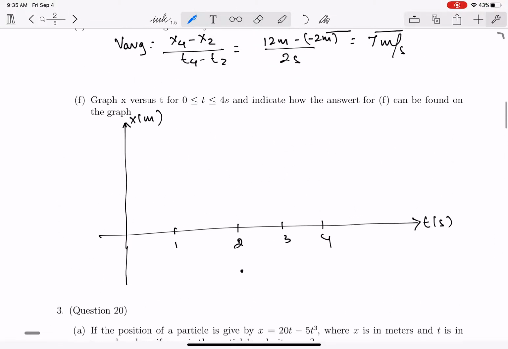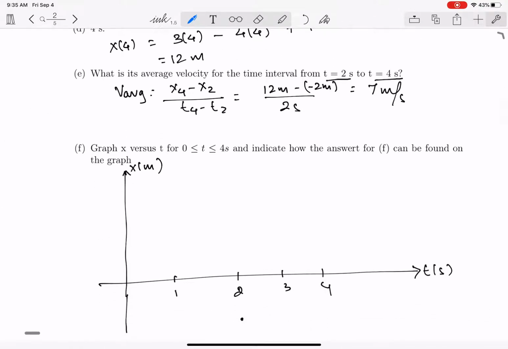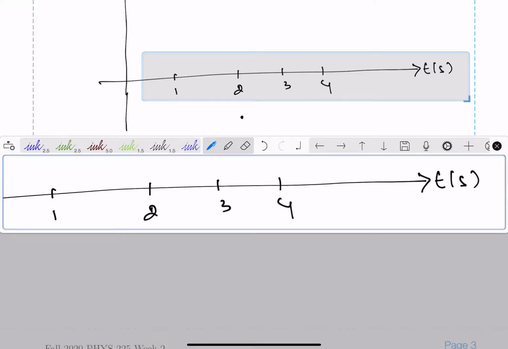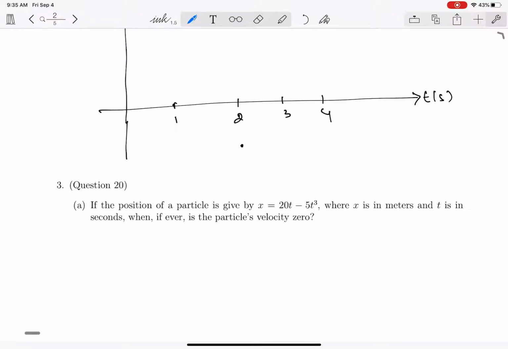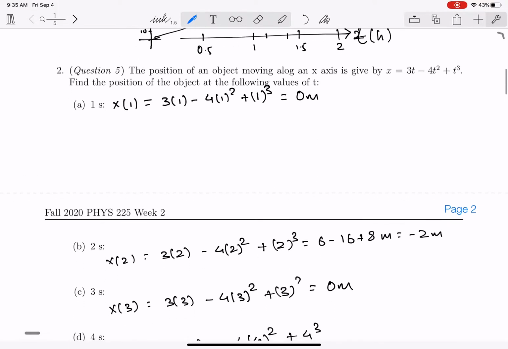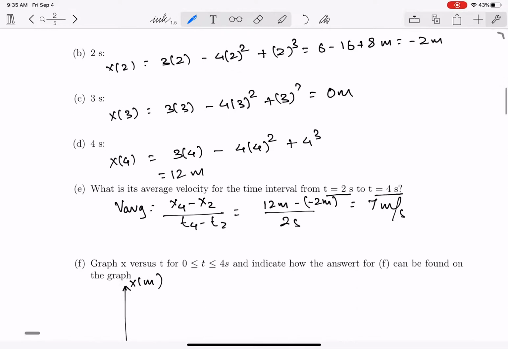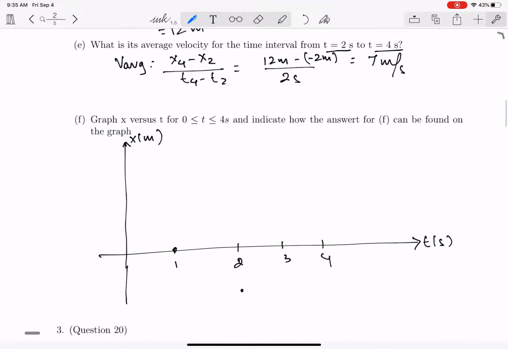We just go back: at t equals 1, x was 0. At t equals 2, x was negative 2. At t equals 3, x was 0. So your graph should look something like that.